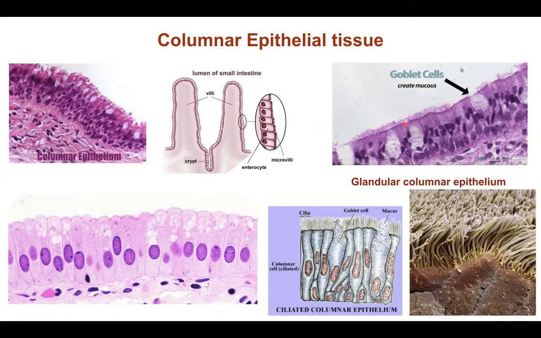So to prevent that from happening, the goblet cells produce a large amount of mucus, which will cover all the stomach cells, preventing them from any damage, so that the hydrochloric acid can directly act on the food, but not damage the inner lining of the stomach. The same goes for the entire digestive tract.